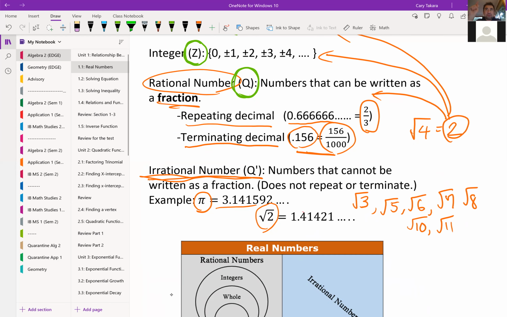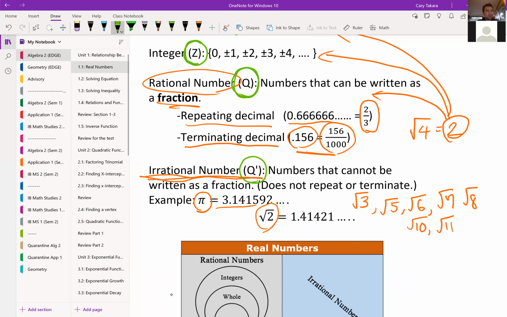You call it Q prime. That's how math people read it. It's a Q prime or a Q with a dash. The German word is Zahlen, which means numbers.